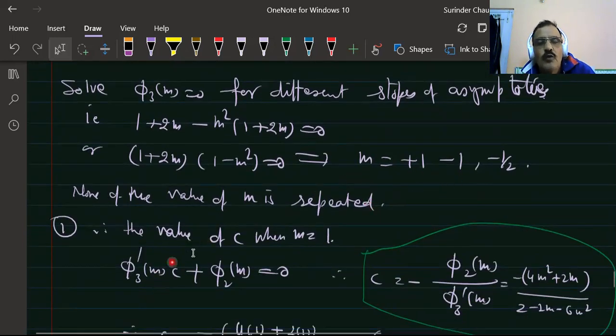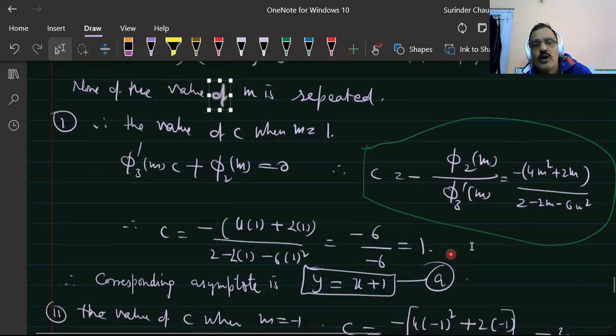Now you have to find c. This is the same as the coefficient of x square when you put y equal to mx. So we get c equal to minus phi 2 of m upon phi 3 dash of m, for the roots 1, minus 1 and minus half.